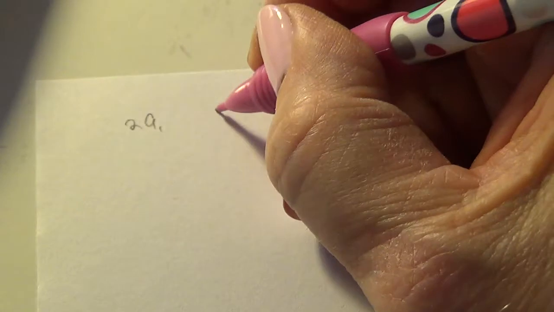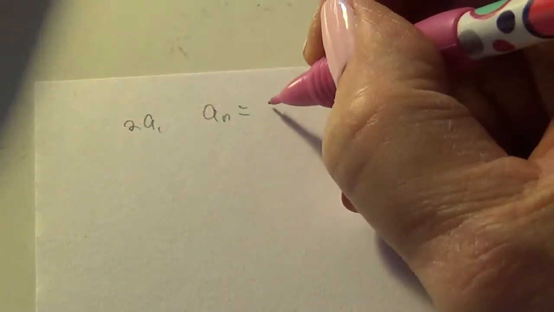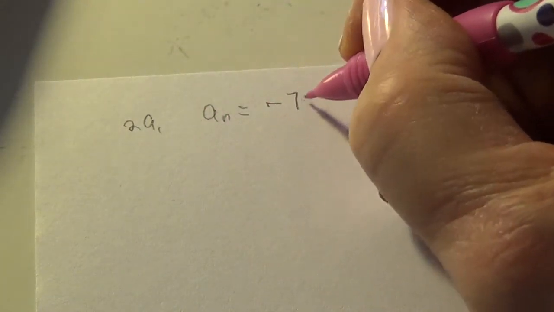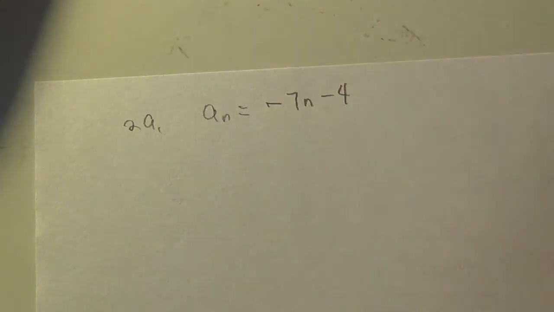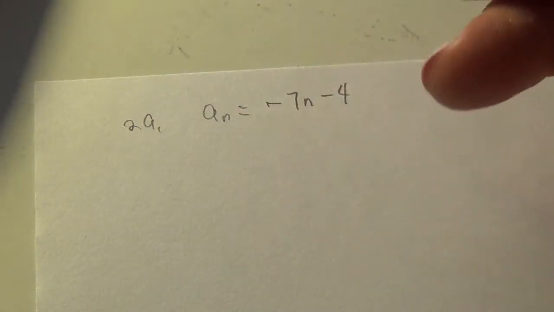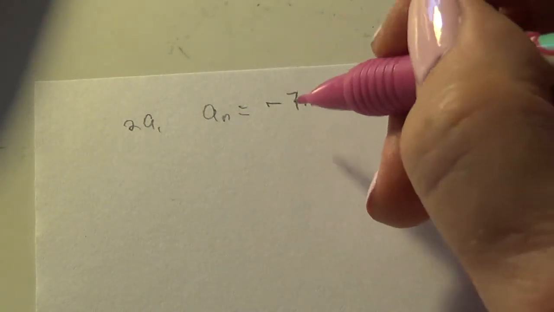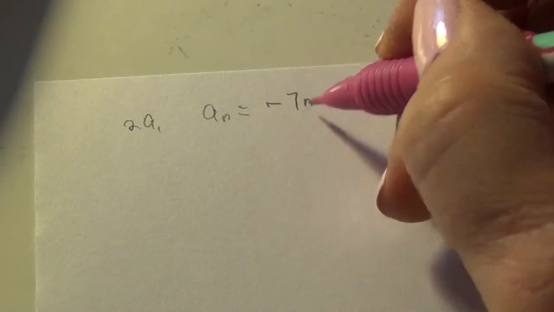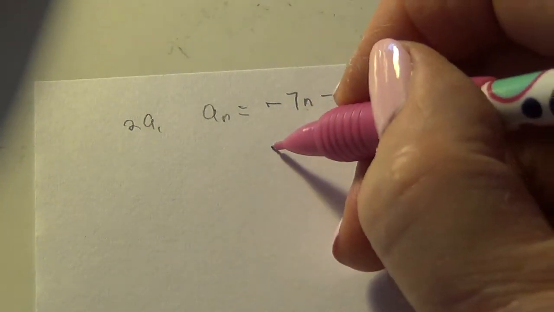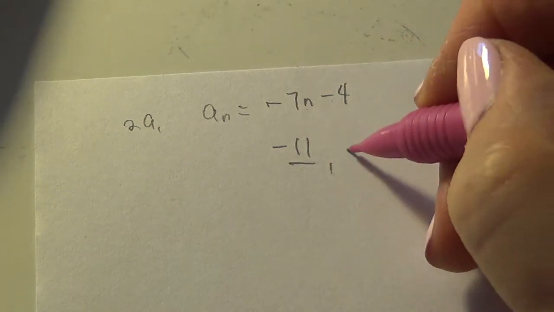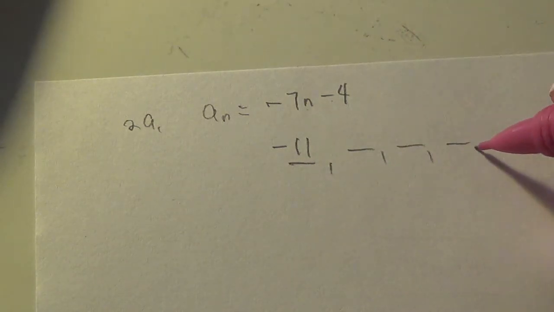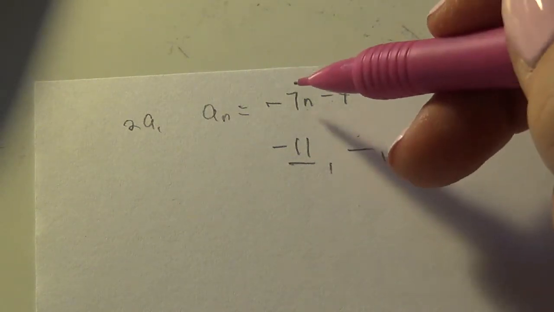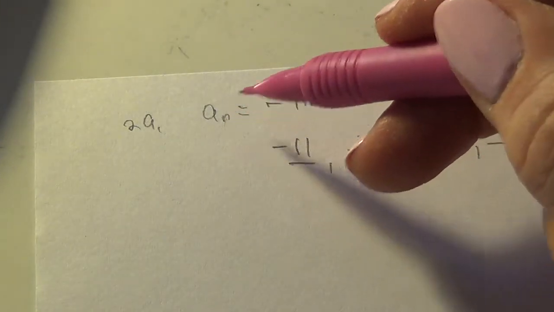All right. Let's look at number 29. We have to write the first 5 terms, negative 7n minus 4. And we usually start with 1 unless we're told otherwise. So minus 7 times 1 minus 4 gives me minus 11 for the first term. And the second term, I put in n equals 2.